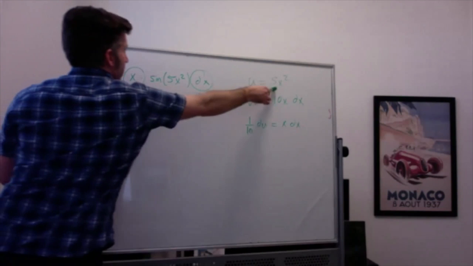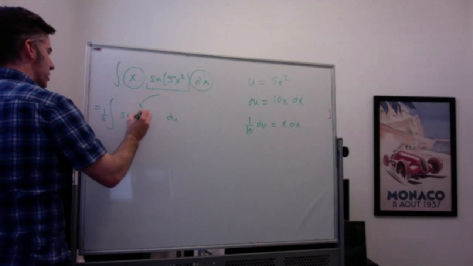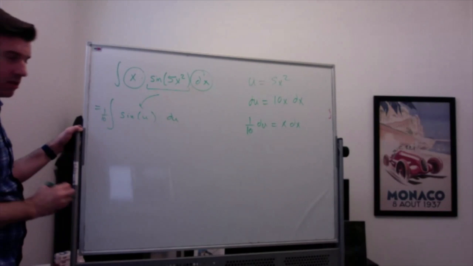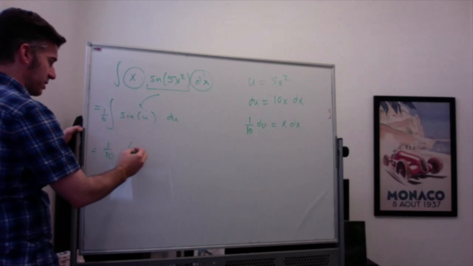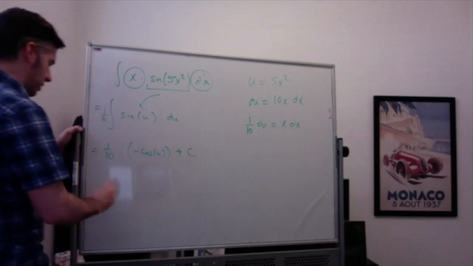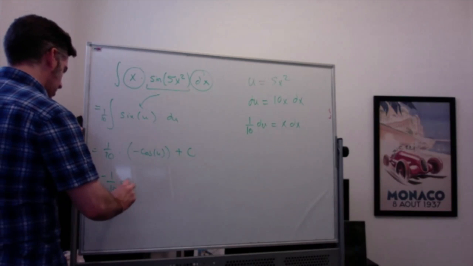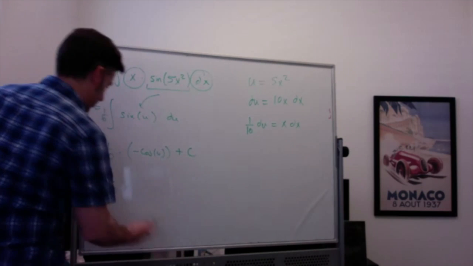And then 5x squared is just u, so this is going to be sine of u. This is going to end up being 1/10 times the integral of sine, which is negative cosine of u, plus c, which is going to be negative 1/10 cosine of 5x squared.